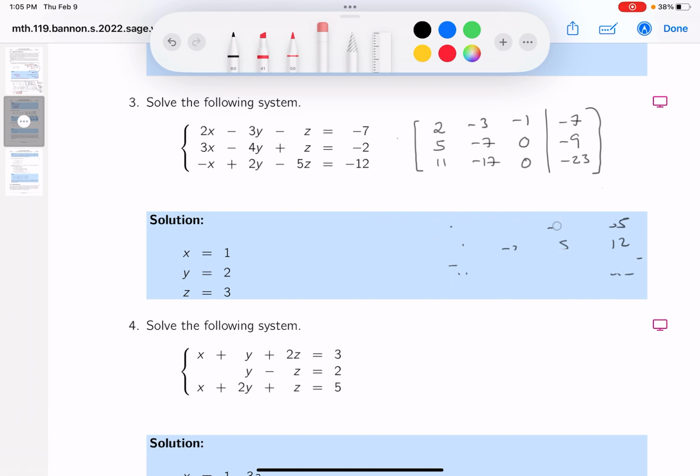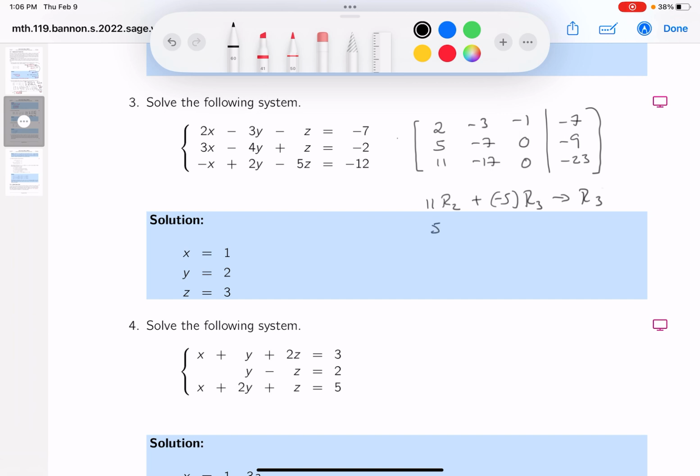I got to do something else, right? So what do I want to do? I'm going to try to do something here. I'm going to do 11 times row 2. And then I'm going to do minus 5 times row 3, and I'm going to give it to row 3. Let's see what you get.